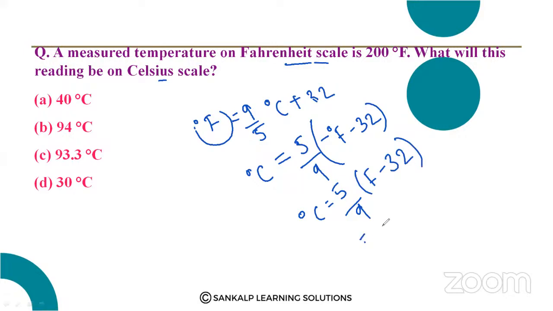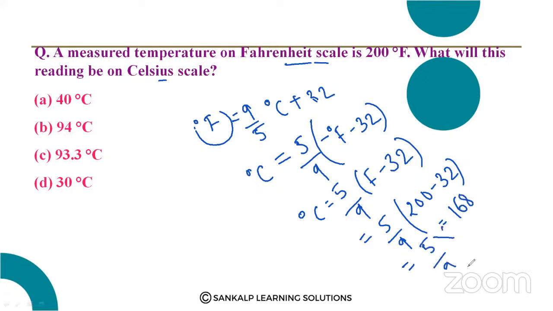After solving, add the quantities. 5 by 9, the Fahrenheit value is 200 minus 32. 200 minus 32 is 168, and 5 by 9 times that.